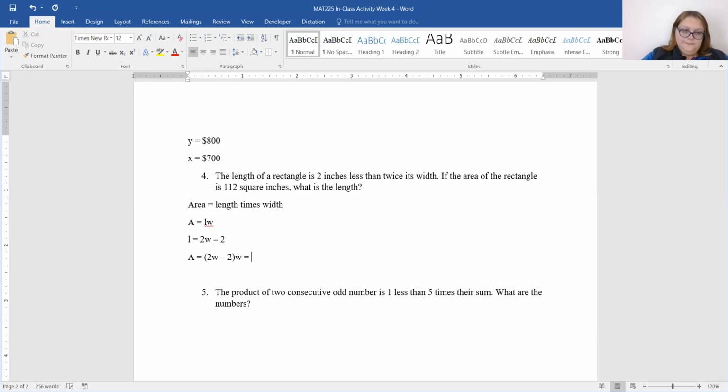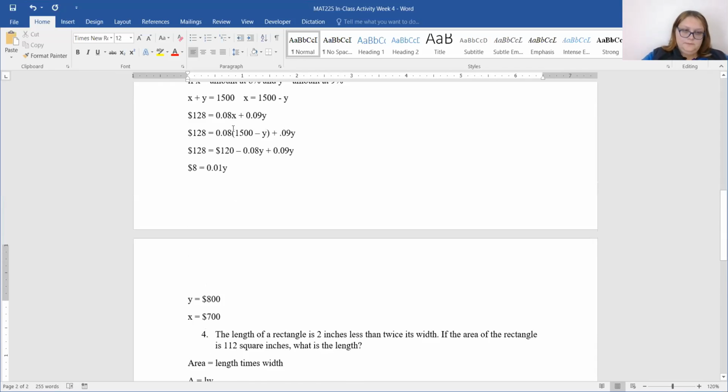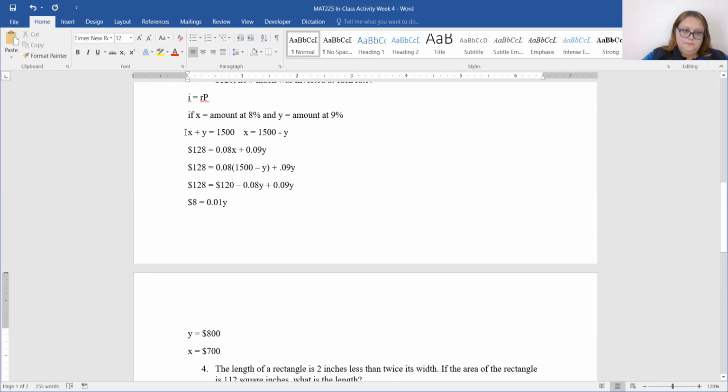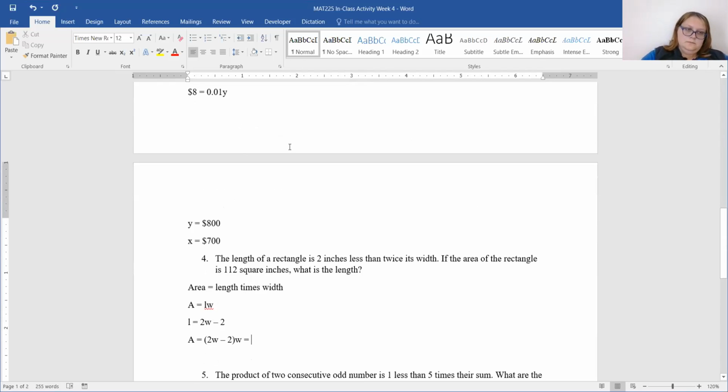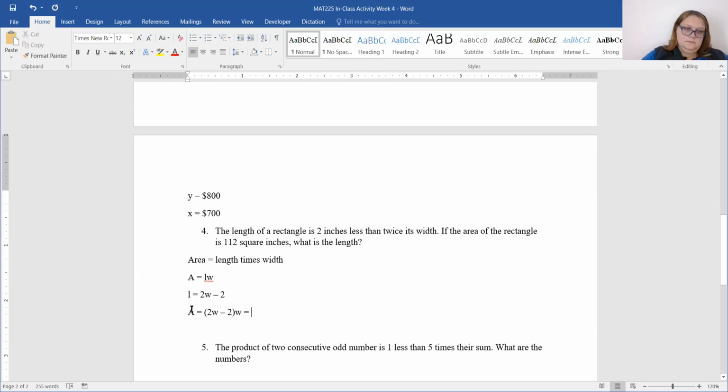Okay, what we've done, again, is calculate L, just like we did up here. In that particular problem, we calculated X and created something that puts it in terms of Y. Down here, we're told that the length can be related to the width by this formula: twice the width minus 2.